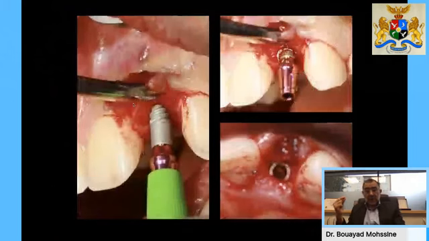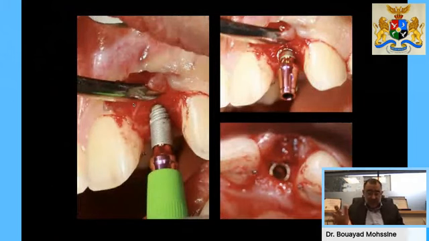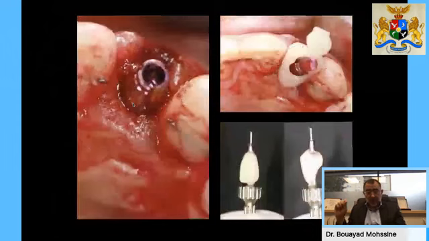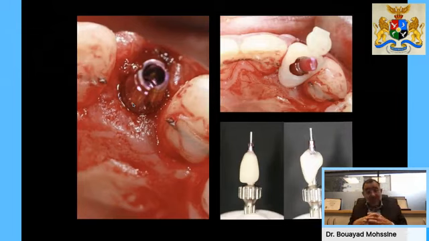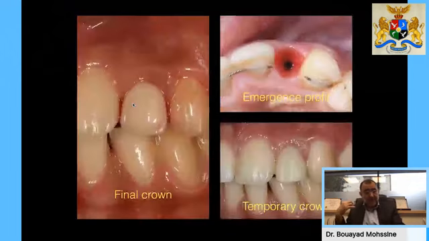You can see in the right side the position of the implant 1 millimeter under the bone, and we create a temporary crown at the same time as the surgery to preserve the papilla during the healing.